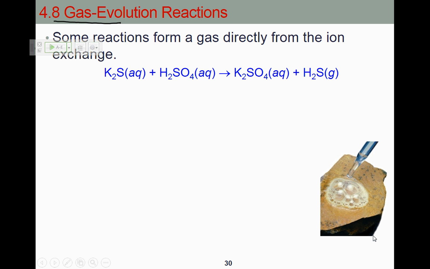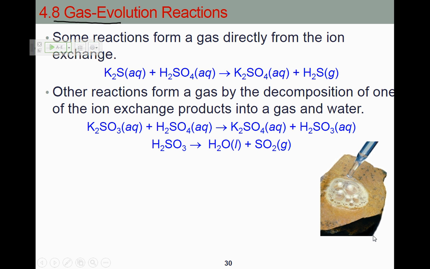So some reactions form gas directly from the ion exchange. So for example, this one, if we react potassium sulfide and our sulfuric acid, we actually get a K2SO4 aqueous solution, but we form H2S gas.